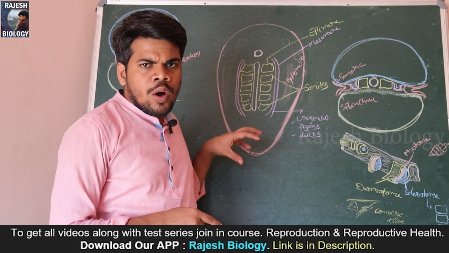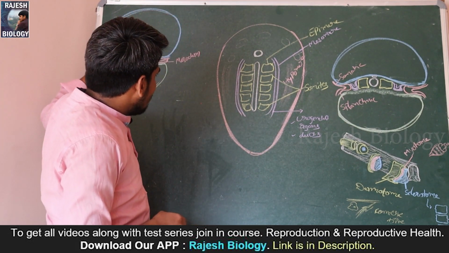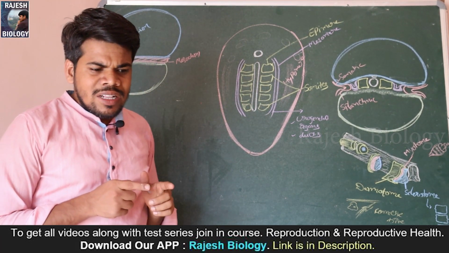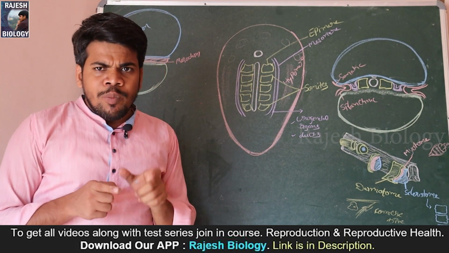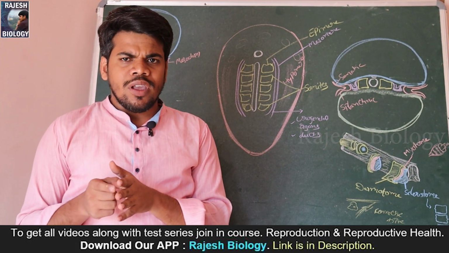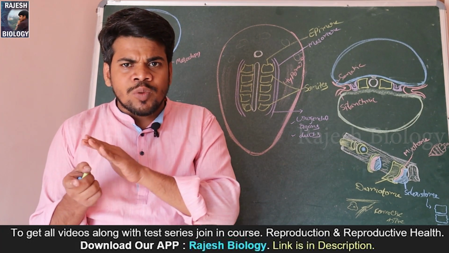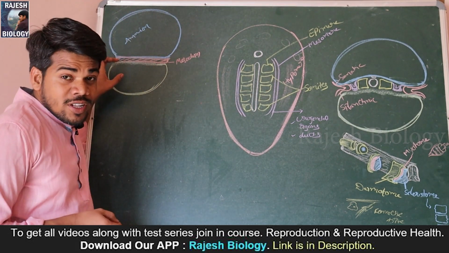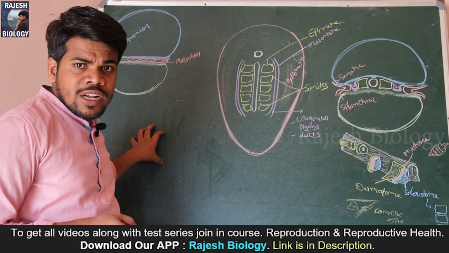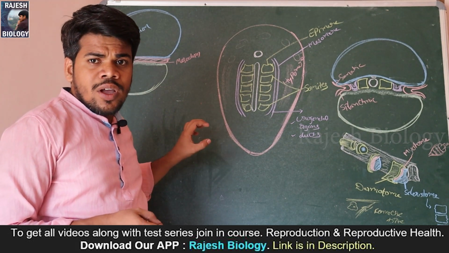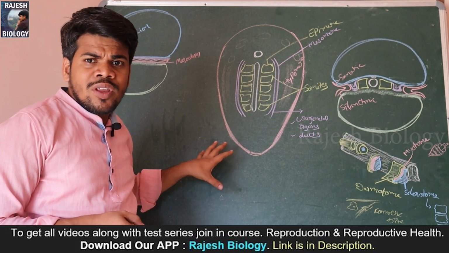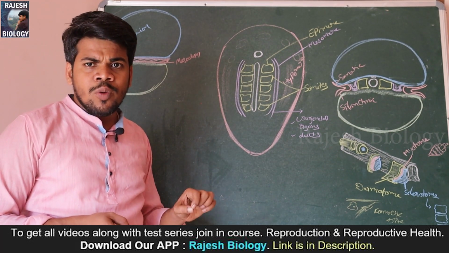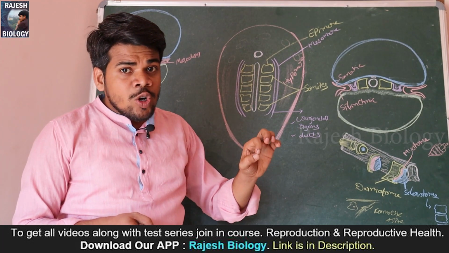I already told you how the outer ectoderm, middle mesoderm and inner endoderm are formed, and how the diploblastic structure is converted into the triploblastic structure by the process of gastrulation. After gastrulation, how the neural tube and the notochord are formed, everything we discussed previously. Now I am going to explain how the intraembryonic coelom is formed.